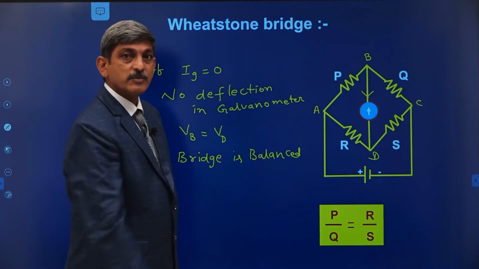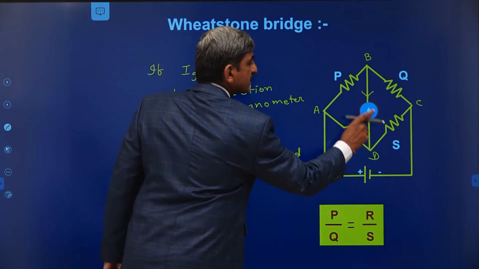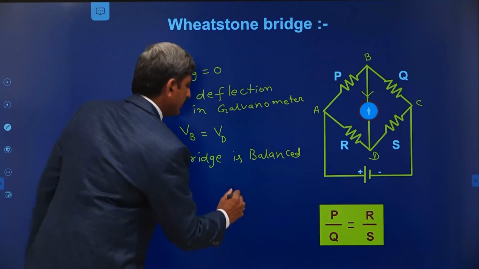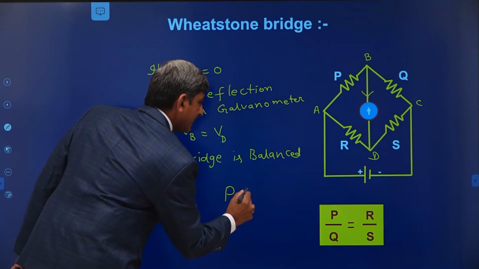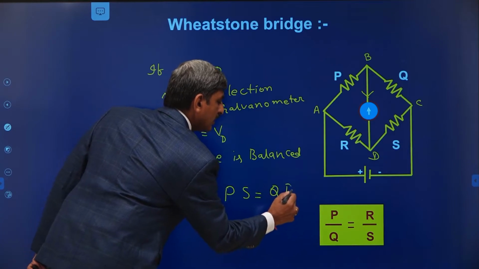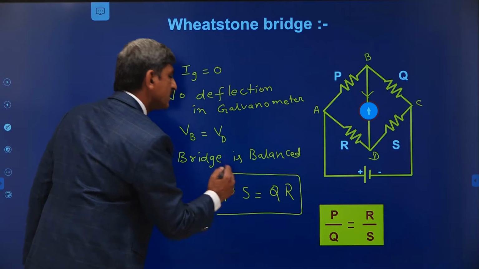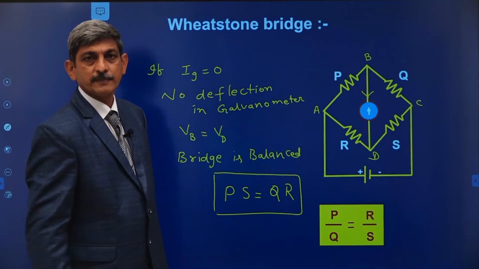Another way of remembering this balancing condition is that the product of the resistances in the 2 opposite arms are equal. It means PS is equal to QR. This is another way of writing the balancing condition of the Wheatstone bridge.